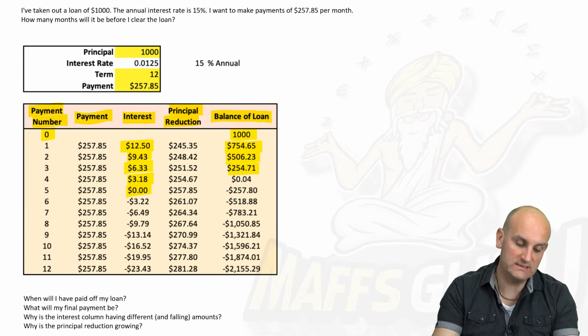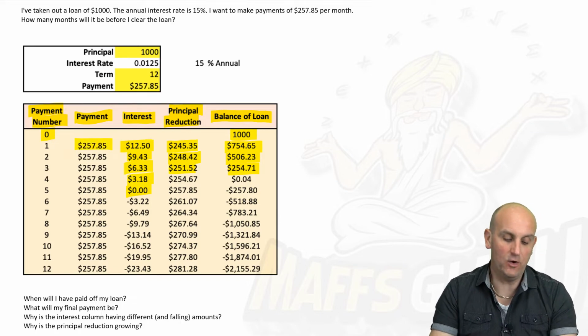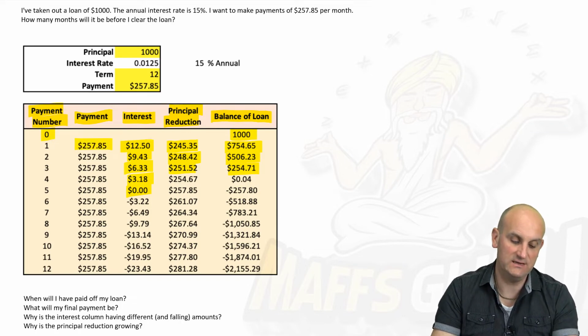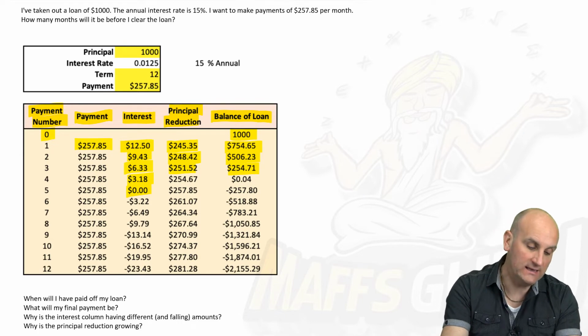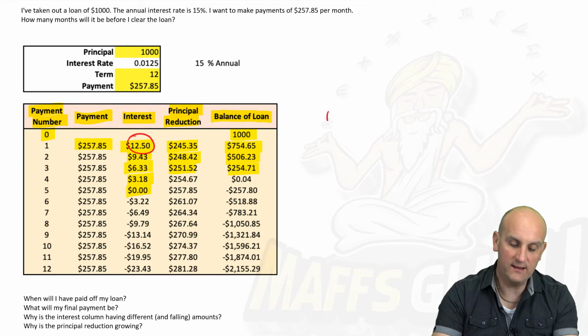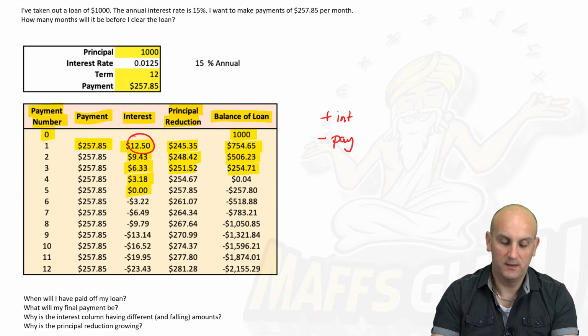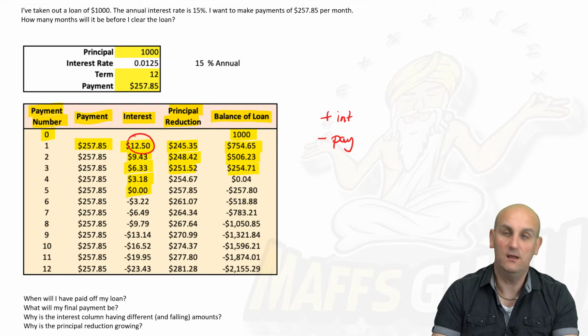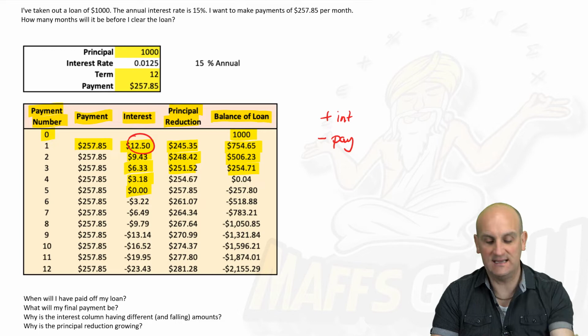So that's why my interest column goes down. And why is the principal reduction growing? Well, because we initially are paying off $257.85, but they are adding on interest. If you remember, when I spoke a moment ago, we add the interest on first, then we take away any payments. So interest in this situation is really a negative value.